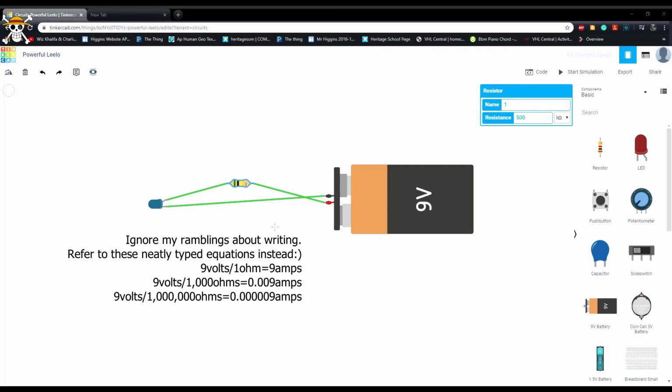Current is measured in amps. So that's what we've got right now.